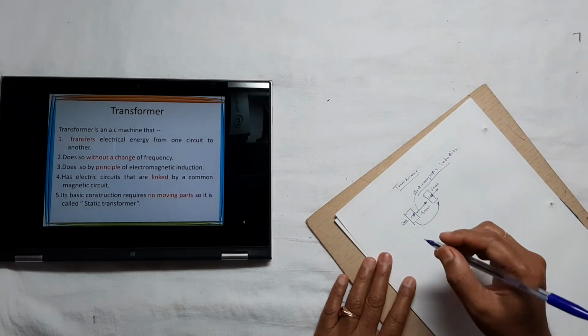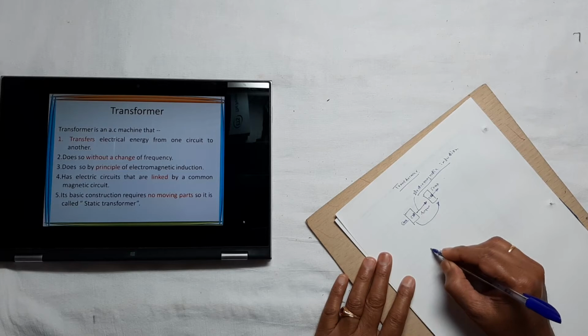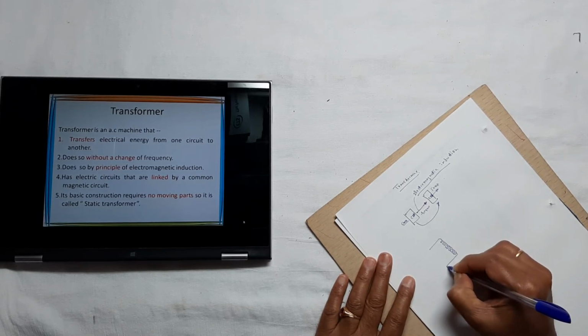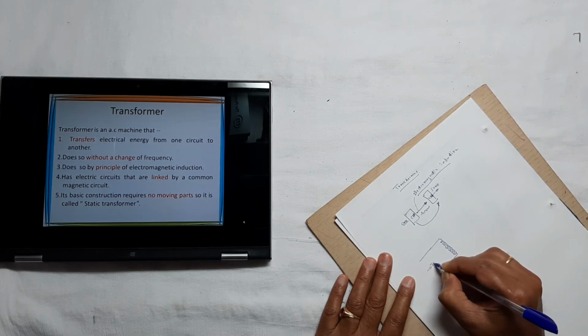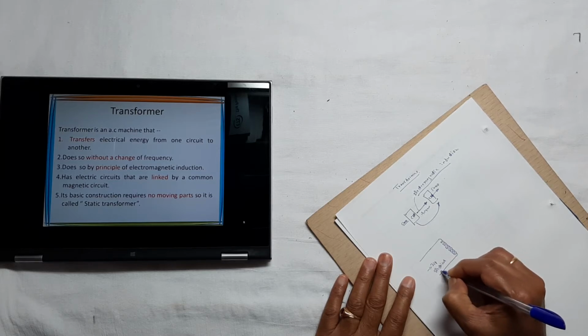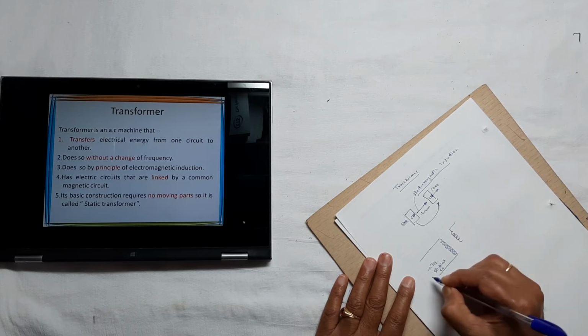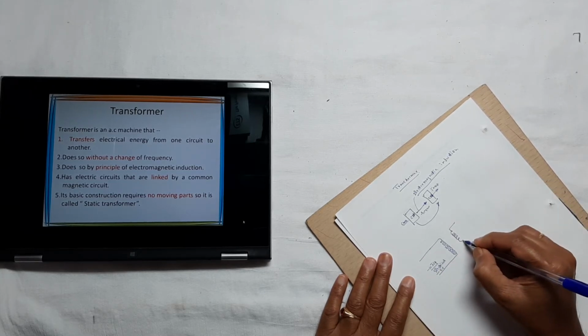The basic function of a transformer is to transfer the electrical energy from one circuit, that is, you can call this one circuit. Here you are giving an input electrical energy. Then I want to transfer this electrical energy from this circuit to this circuit.